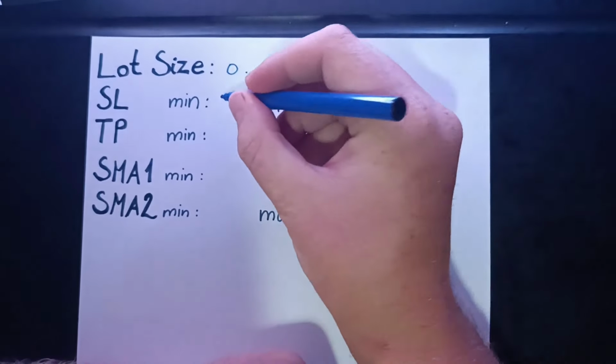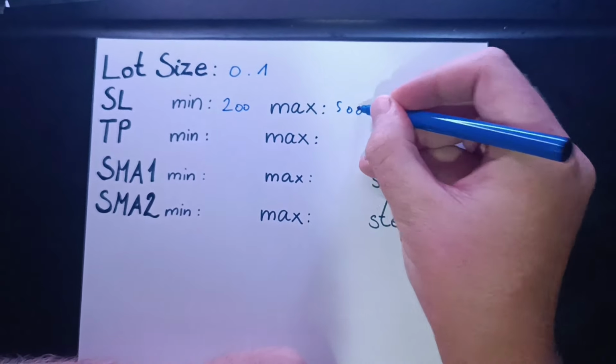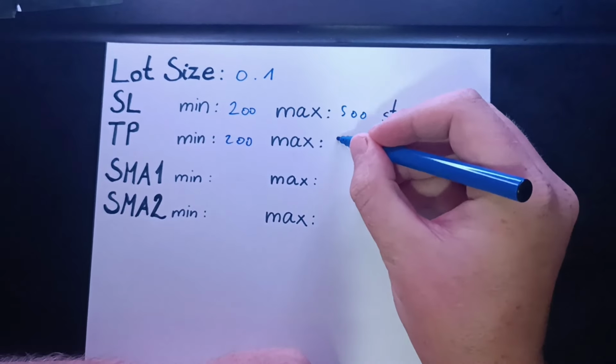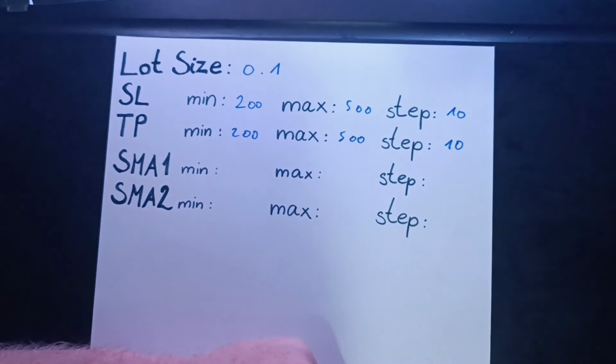Let's start. First of all, we are going to use a fast genetic based algorithm, and let's just optimize very simply from 200 pips to 500 pips, because we are talking about a day trader, so these numbers are perfect, and the step is going to be 10.